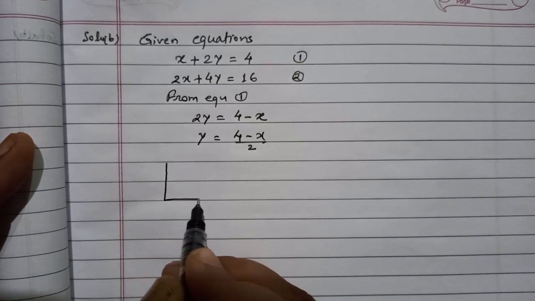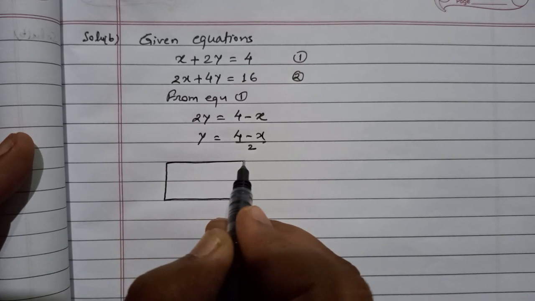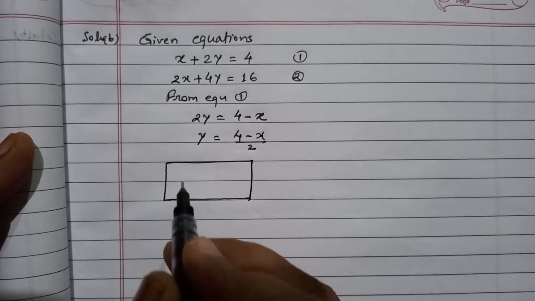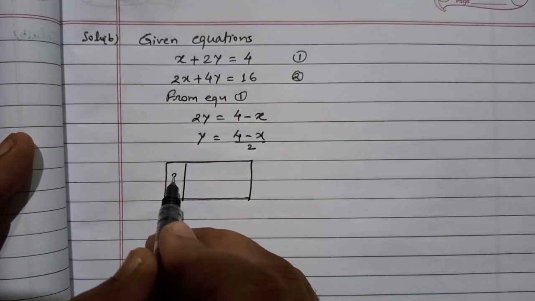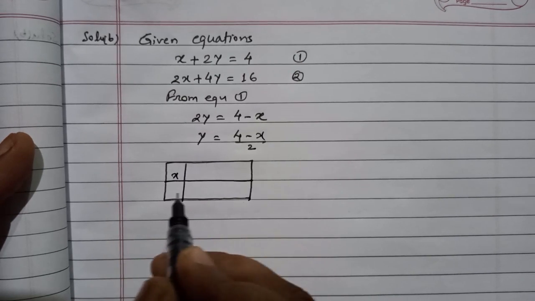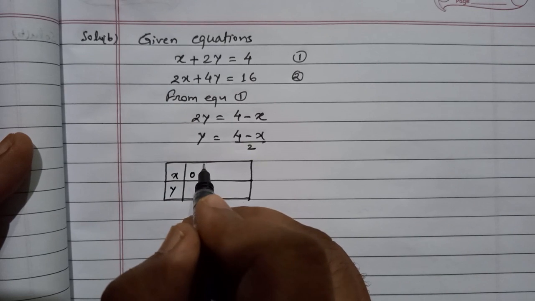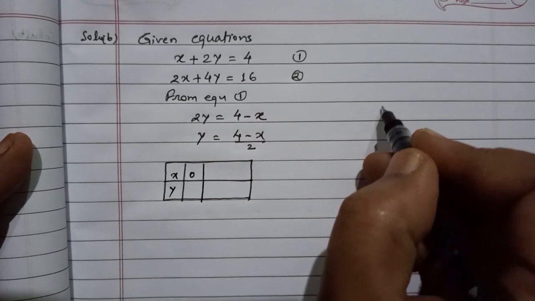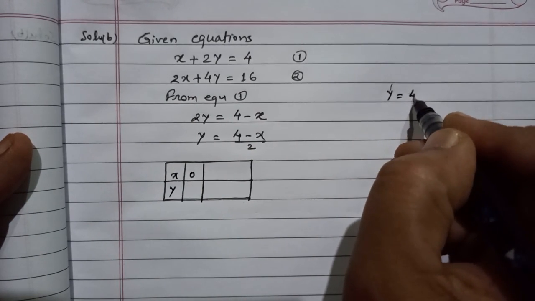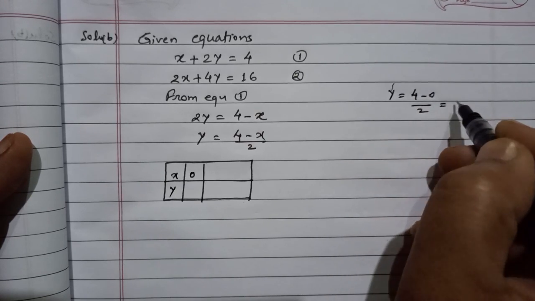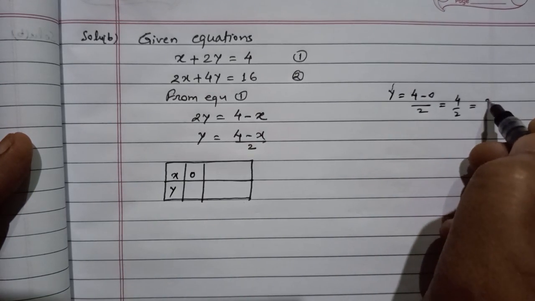Now we find different values of y for different values of x and write them in the table. Suppose x equals 0, y is equal to 4 minus 0 upon 2, 4 upon 2, 2.